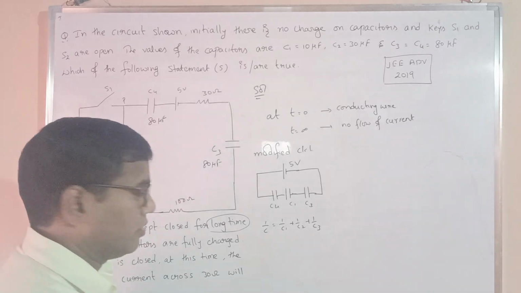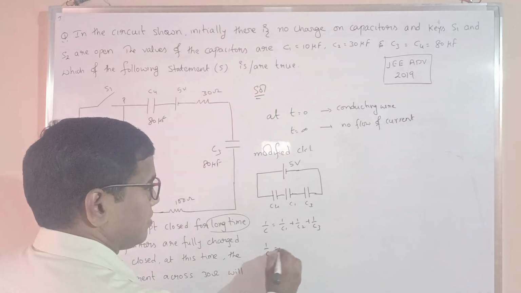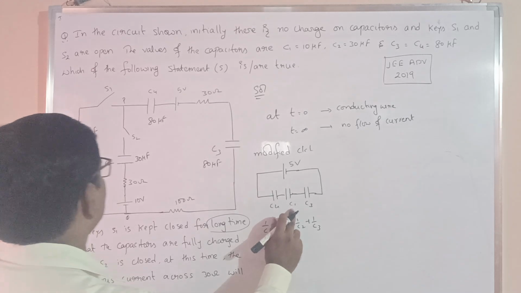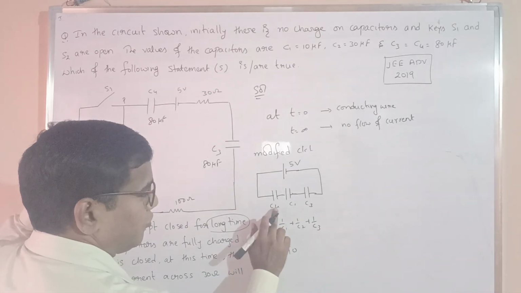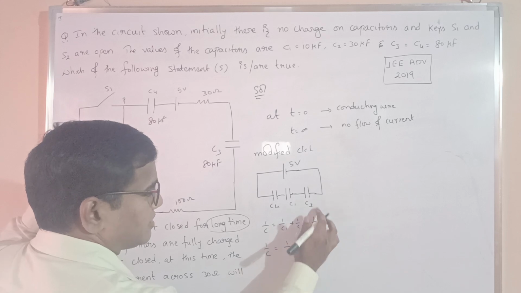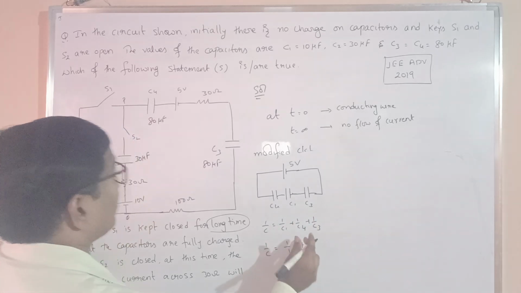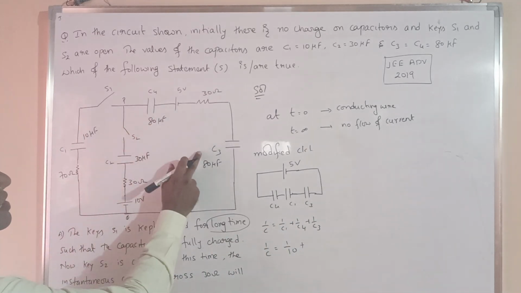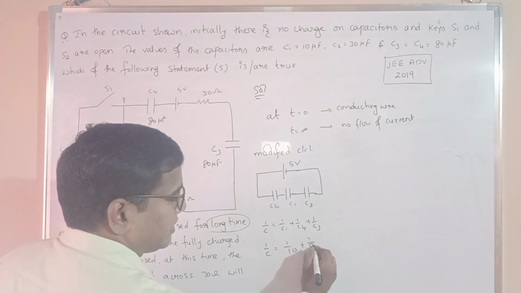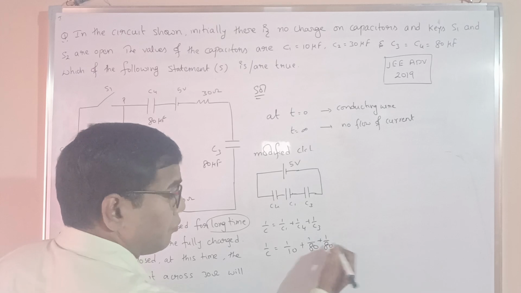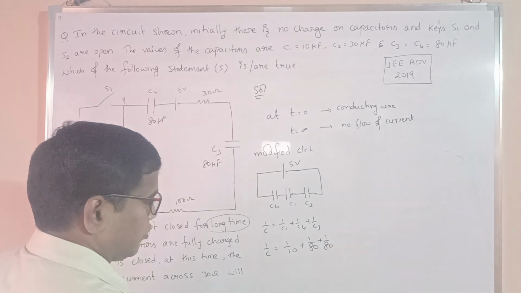Here C1 is 10, so I will write 1 by 10, and C4 and C3 are given as 80 and 80, so 1 by 80 plus 1 by 80. The μF we will put after.